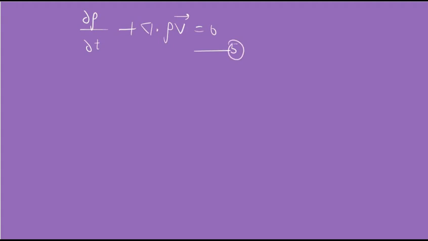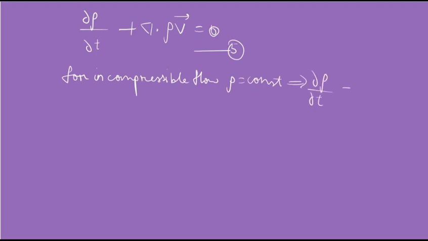So for incompressible flow, what happens to rho? Rho is equal to constant, and also dou rho by dou t becomes 0 in this case.